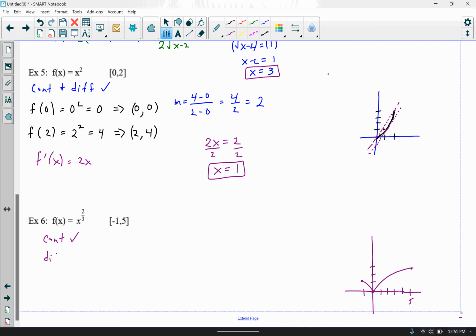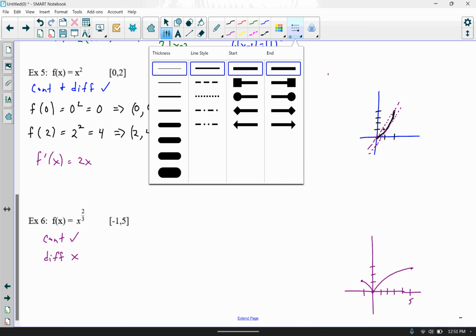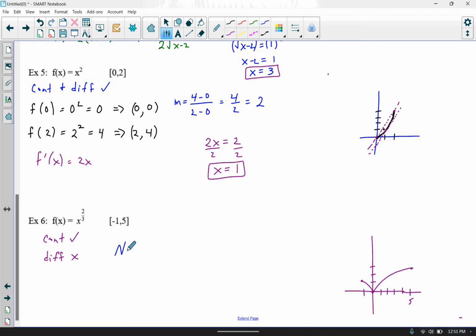But differentiable is a no. We are not differentiable at x equals 0. So we don't need to go any further. Mean value theorem does not apply.